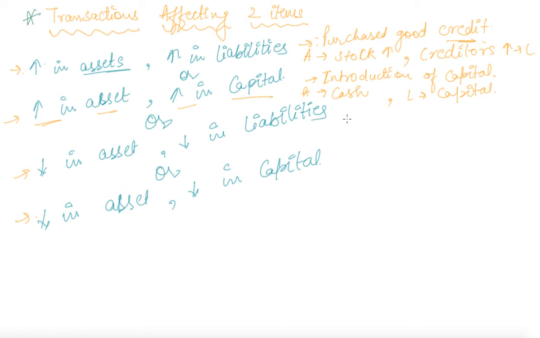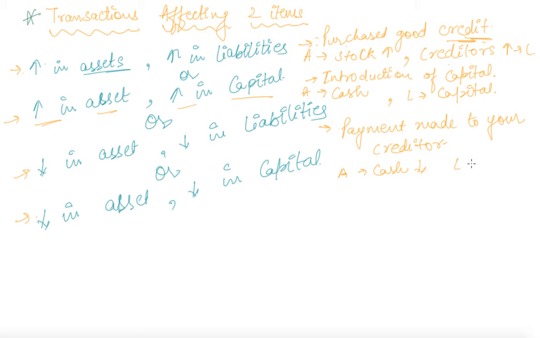Similarly, let us take an example of decrease in asset with decrease in liability. Say when you purchase goods on credit, your creditors are increased and your stock is also increased. But if you made payment to your creditors, what will happen? What will be the treatment? On the asset side, cash will be reduced, right? Because you will pay your creditors by either cash or bank, and that is part of assets.